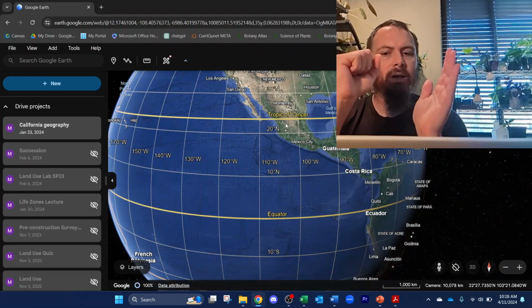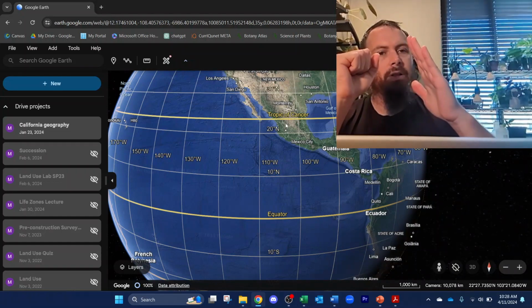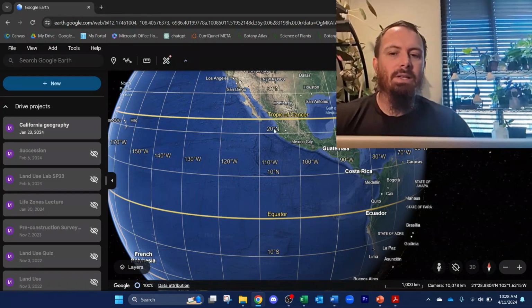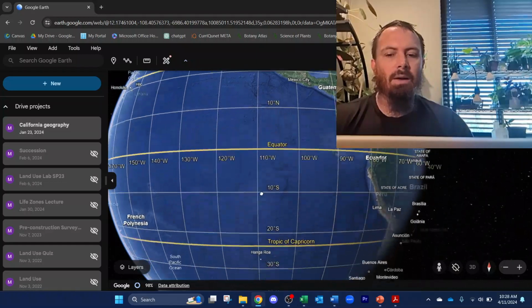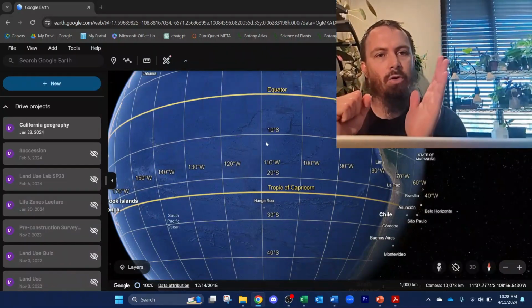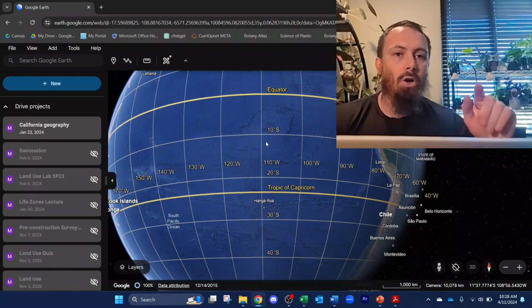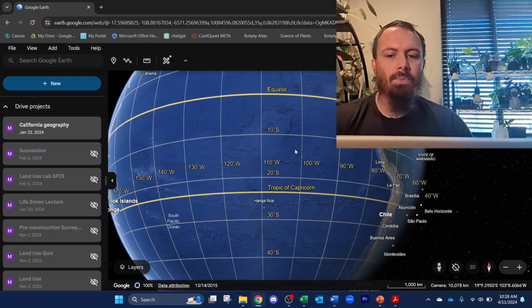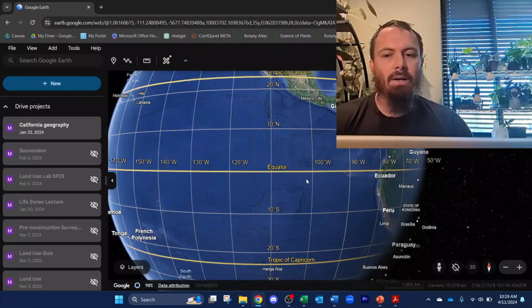And so basically, when we tilt forward, the highest vertical point where the sun will be perpendicular to the earth is the Tropic of Cancer. And when it goes winter for us and summer in the southern hemisphere, the lowest point at which the sun will be perpendicular to the earth is the Tropic of Capricorn. So the sun basically bounces between the Tropic of Cancer and Capricorn and back each year.